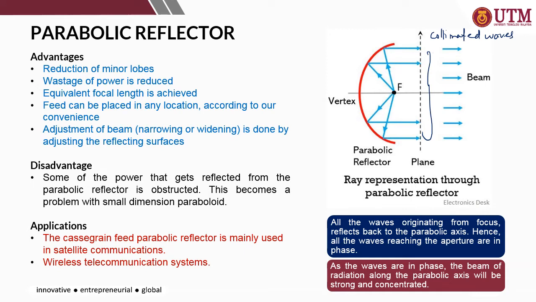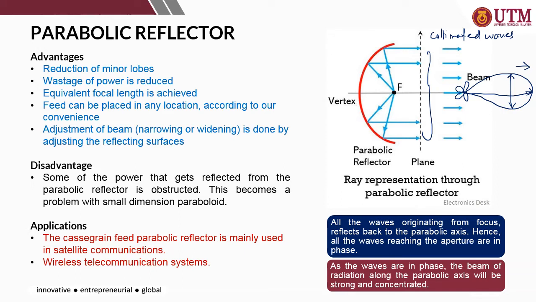Since all waves are in phase, the radiation is strong and the concentration is higher, so the signal will be directed towards the intended direction effectively, right? For this kind of antenna, the radiation pattern will look something like this, very high directivity towards this direction, but it has a narrow beamwidth, and very little or minor side lobes and back lobes.